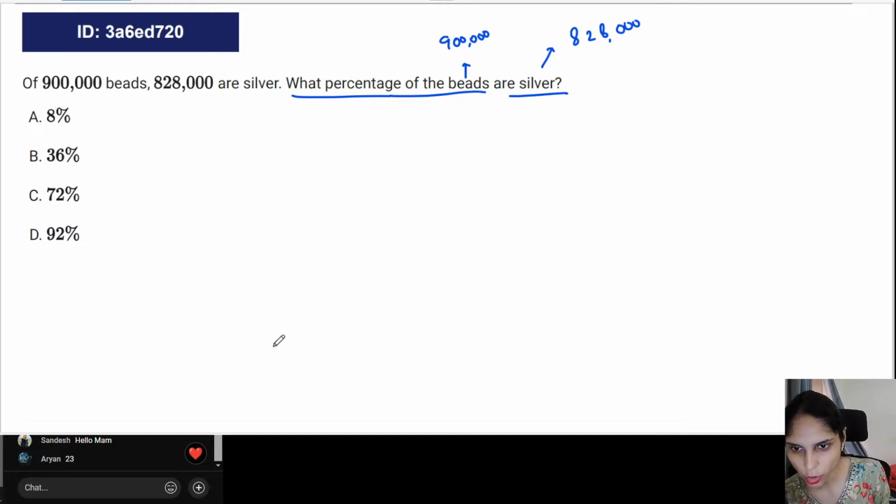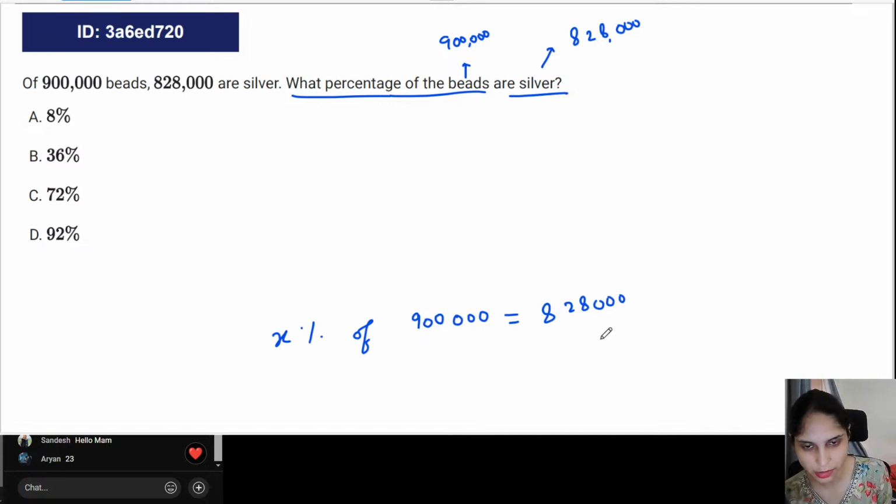So what is your equation? What percentage we do not know. X percent of 900,000 is equal to, "is" means equal, 828,000, because silver is 828,000. You just have to go to Desmos, type this, and you will get your answer. This is method 1. There's a second method as well.